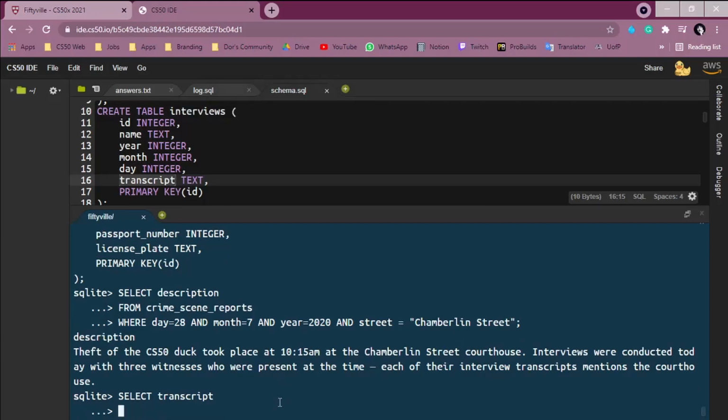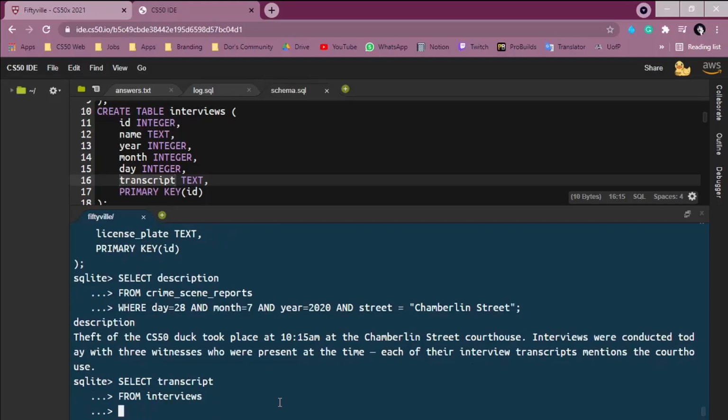So select transcript from, what is the name of the table? It's interviews. Where? So we have the information of the day, where day is equal to 28, and month is equal to 7, and year is equal to 2020.